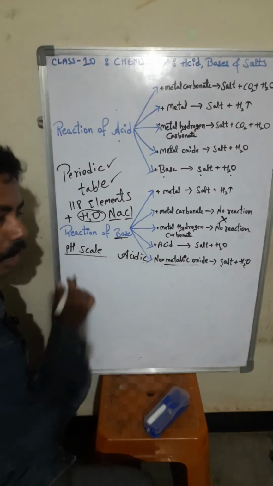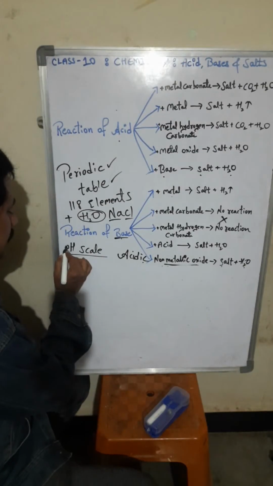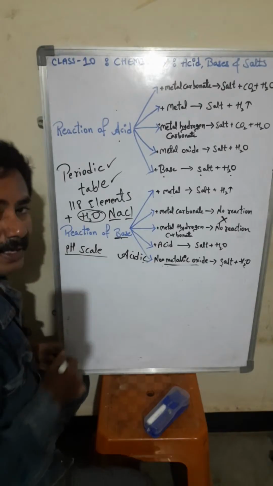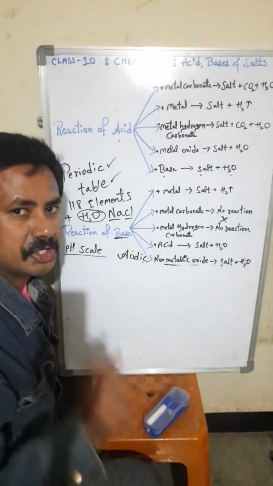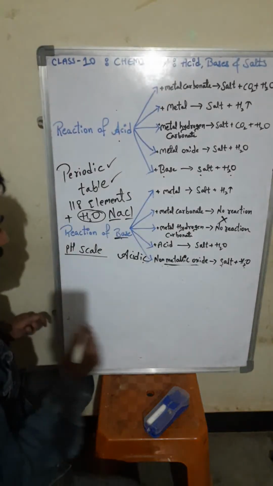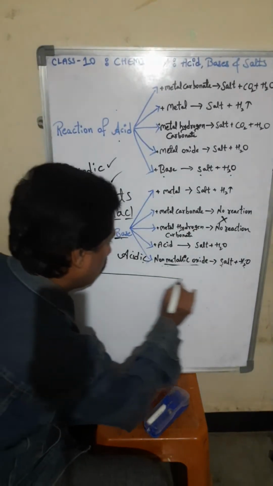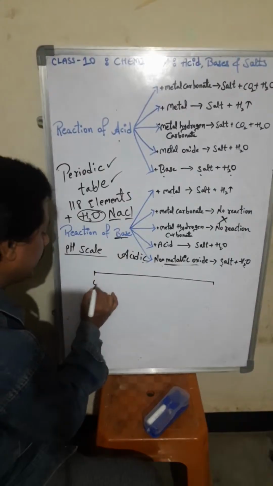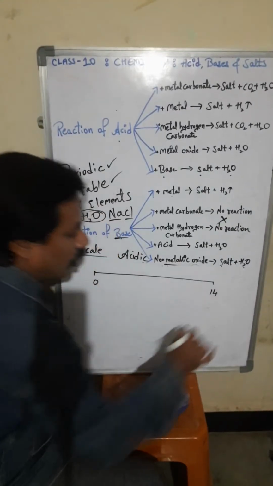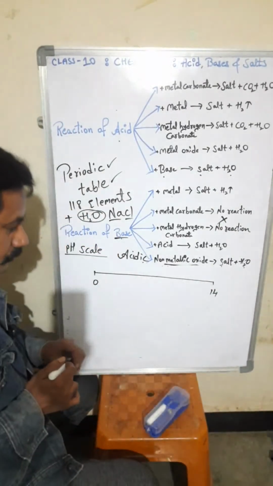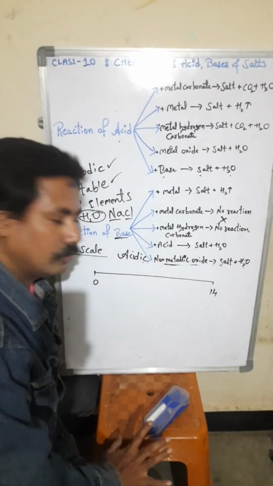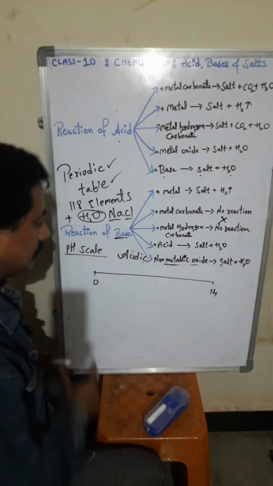Always we have to write p small and H capital, students. pH. So on the pH scale, 0 to 14 is the range. Only this much you have to remember.